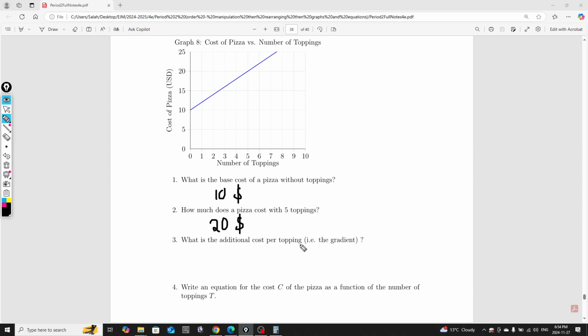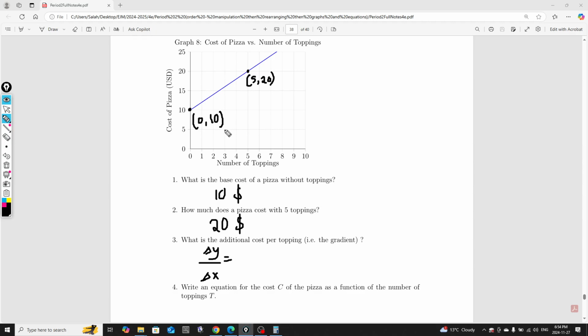What is the additional cost per topping, right? So how much does one topping cost? Well, when we're asking for that, like, what's the cost per one topping? That's really just the gradient, right? That's the slope. It's the rate of change. Now, I do have 2 nice points, right? I had 0 and 10, and then I had 5 and 20. So I'm going to go with the vertical change divided by the horizontal change, right?